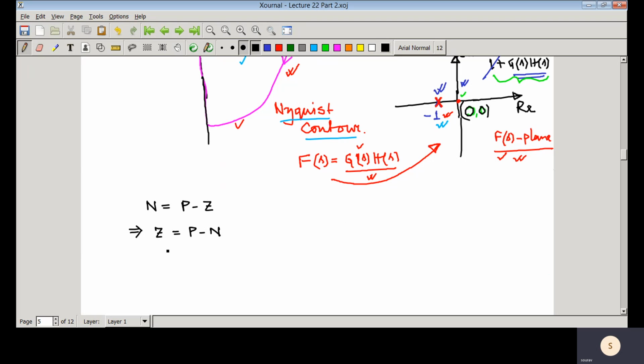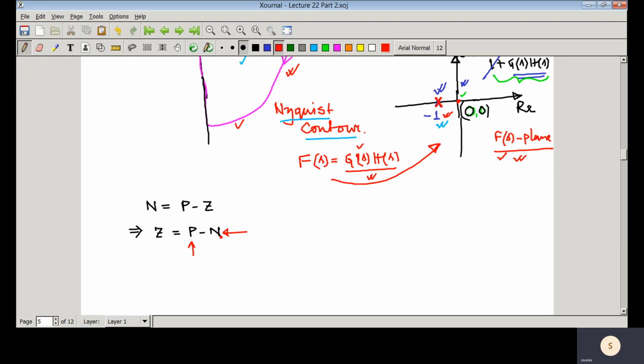If Z equal to 0, that means there are no poles of the closed loop system in the open right half of the S plane. That means the system would be stable. So for applying that Nyquist stability criteria, basically we need these two pieces of information: one is P, another one is N.